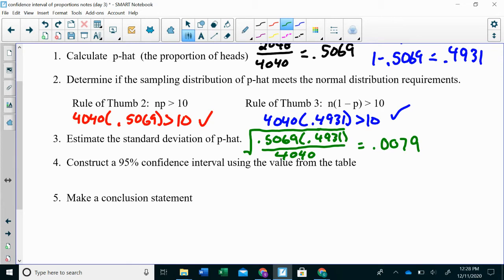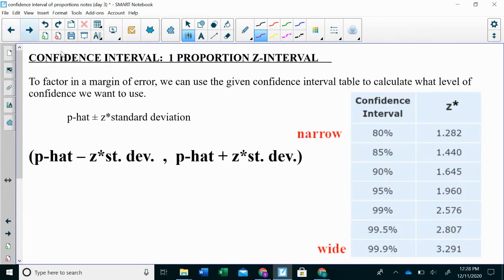So the math behind that is that 0.5069 plus or minus, not 2, but I'm going to use that value from the confidence interval chart. So when I go back to the previous slide, we are asked about 95% confidence. So I want to use that 1.96 factor instead of the full out 2.